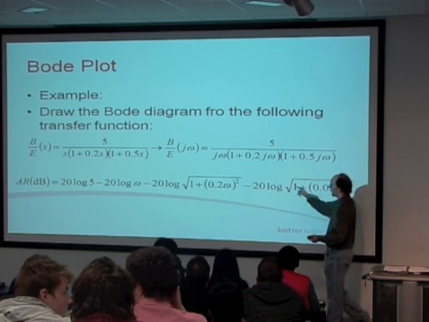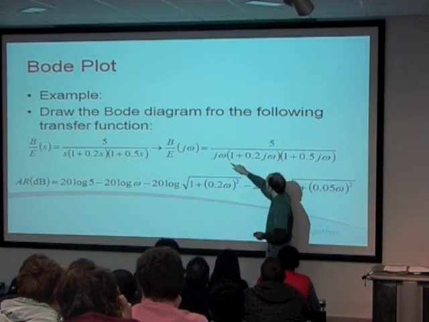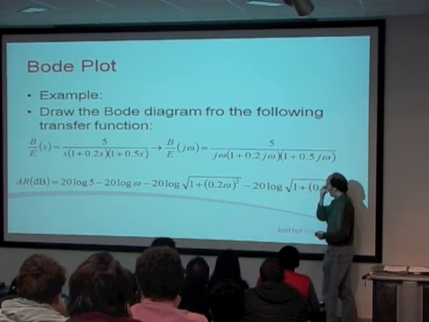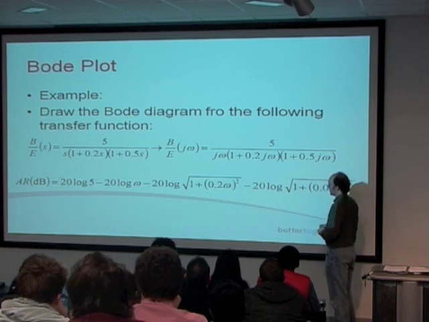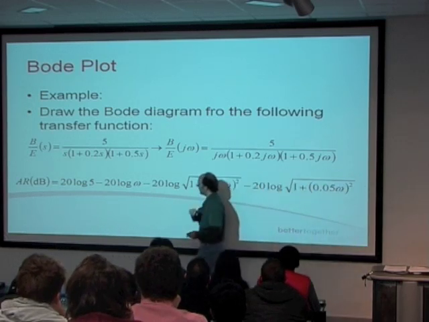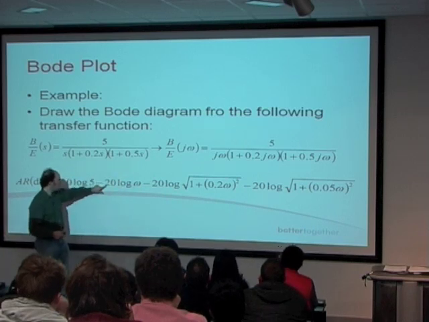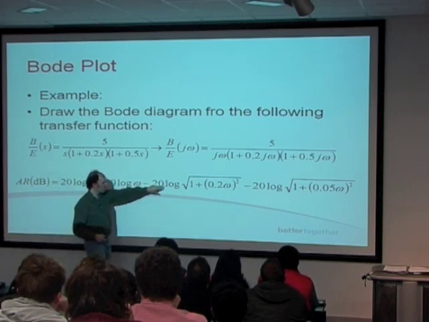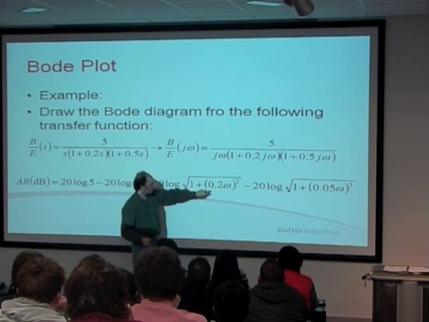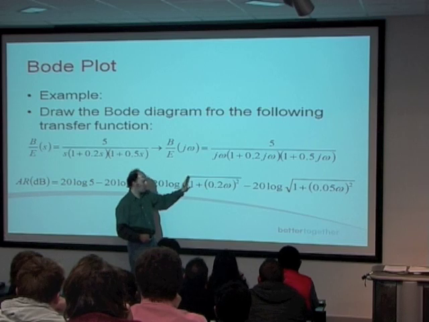Amplitude ratio. Well, you take each term, that one, that one, that one, and that one, and you do 20 log for each of those things. And so we've got 20 log 5, okay, and then these are minus because they're all on the bottom, 20 log omega, 20 log square root of 1 plus, you can see that's the amplitude ratio, yeah, Pythagoras' theorem.